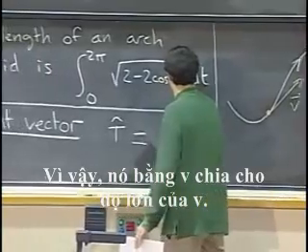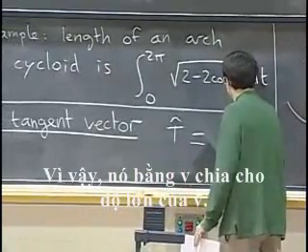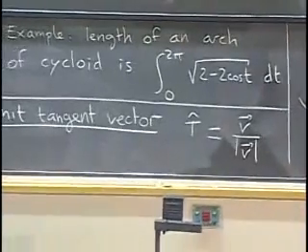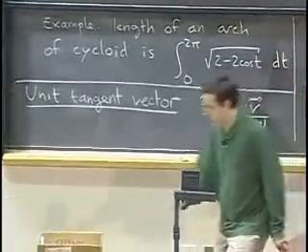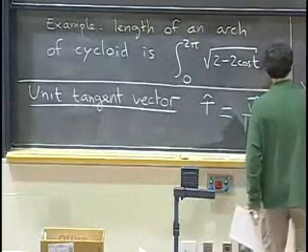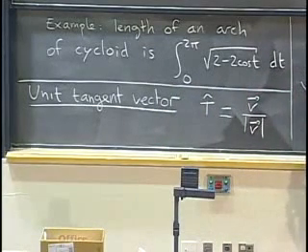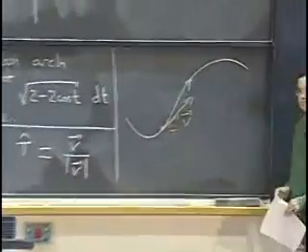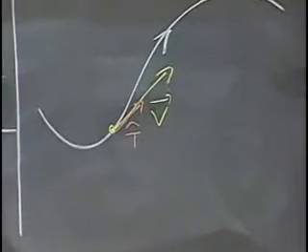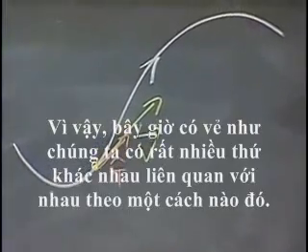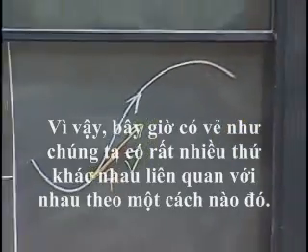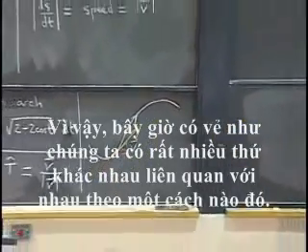So it's v divided by magnitude of v. Now it seems like we have a lot of different things that should be related in some way.